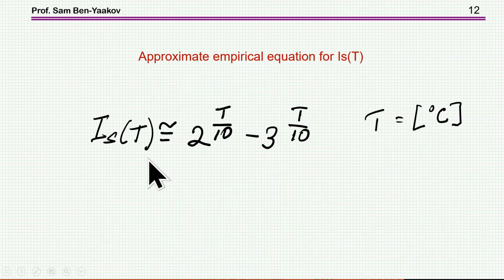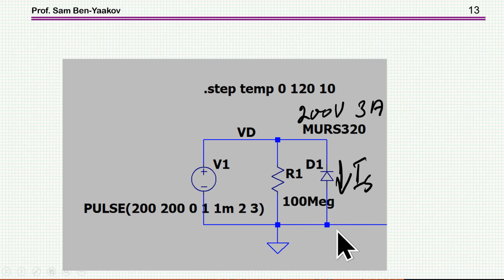So I'm going to use the fact that experience shows that the current is increasing like doubling every 10 degrees, so therefore the expression is like 2 to the power of temperature, this will be in centigrade, divided by 10, so every 10 degrees it's doubling, or tripling, again, depending on the device, it's depending on the material, and there is a spread here.